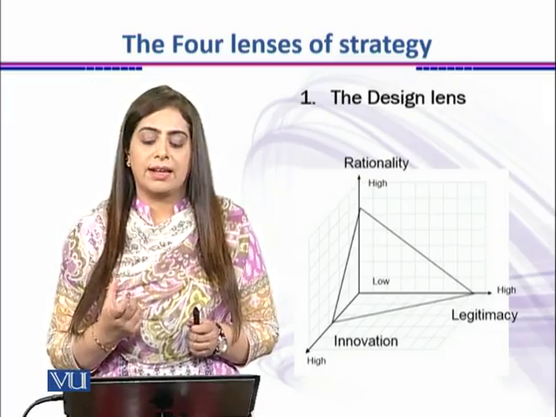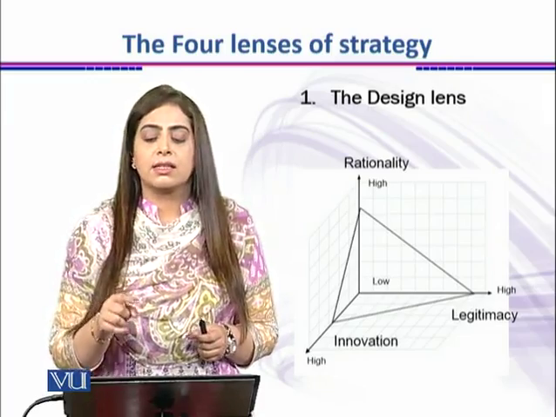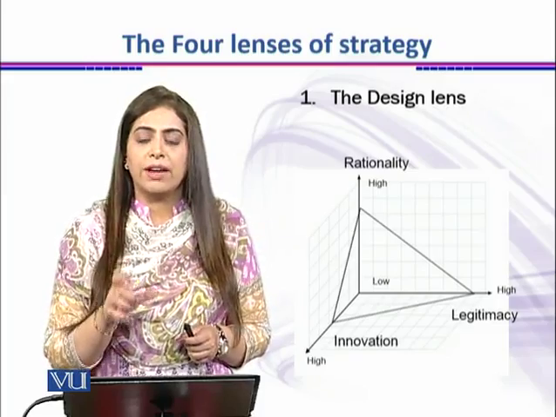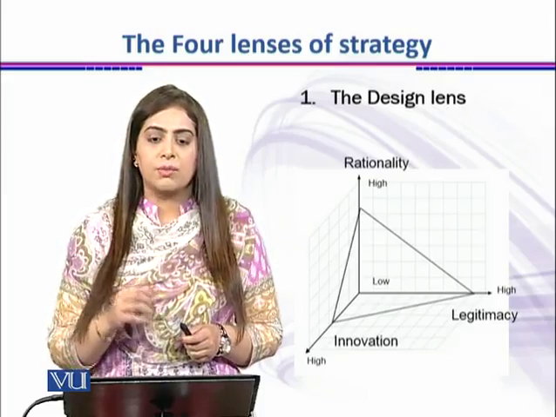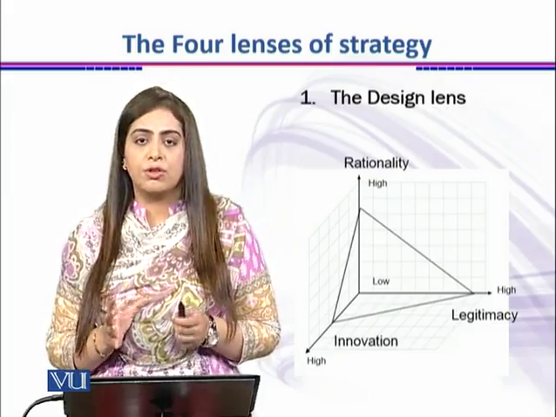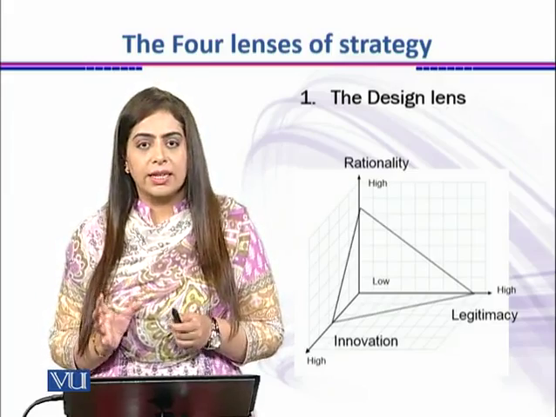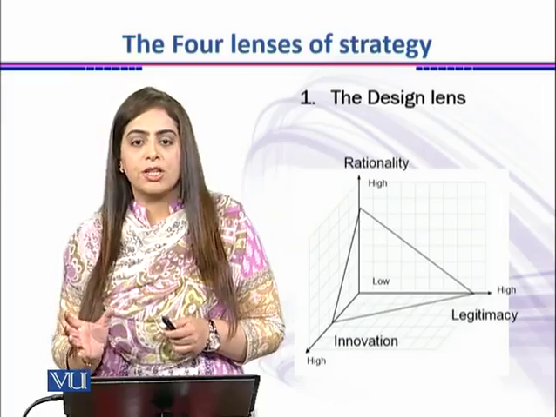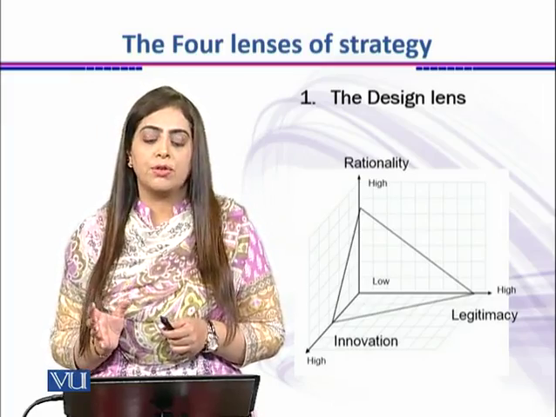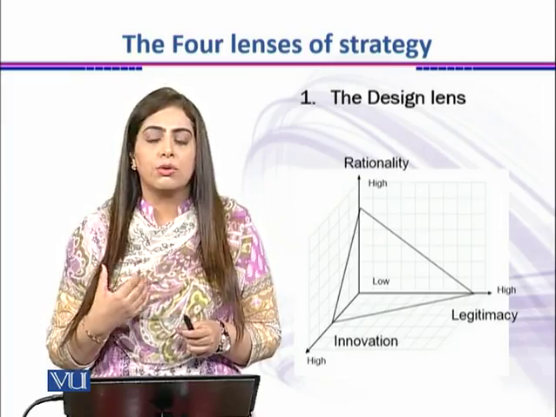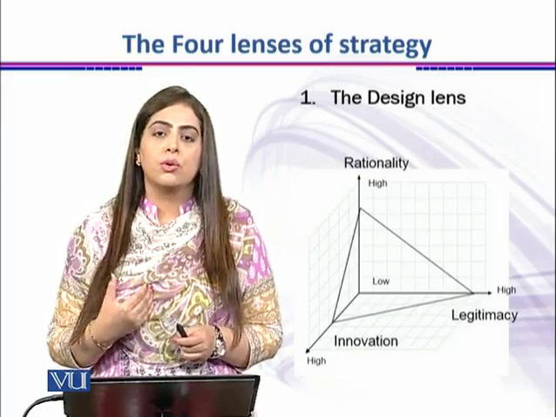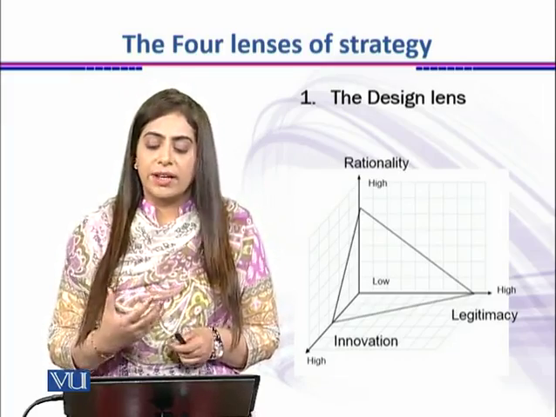And in this design lens, we have very low room for innovation, which means that if we are following a certain procedure, logical information, logical steps and systematic procedures, then there is no room for innovation and creativity to make this process innovative or creative.